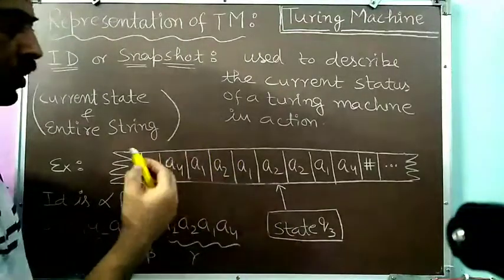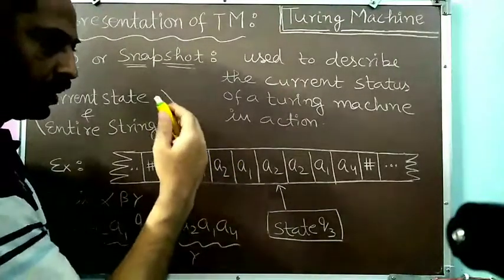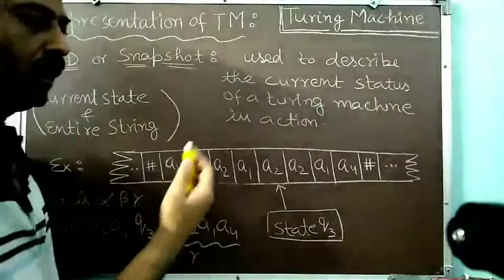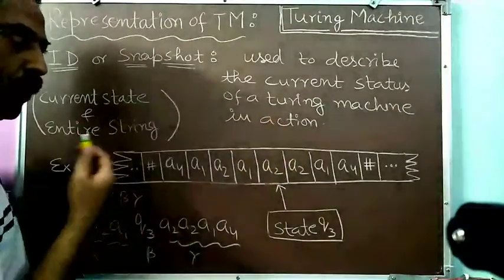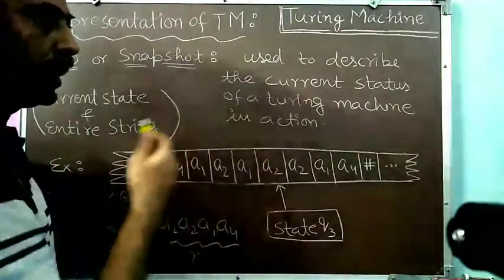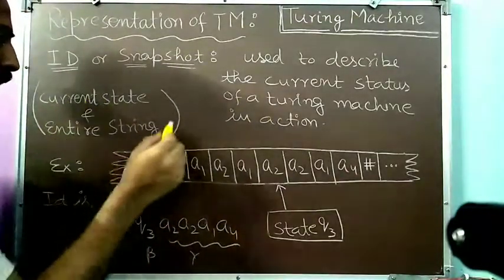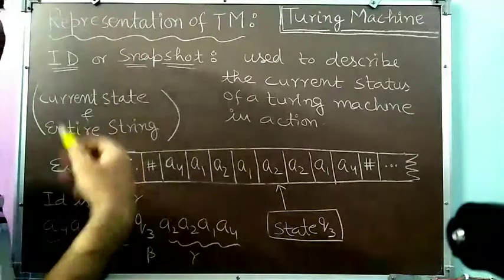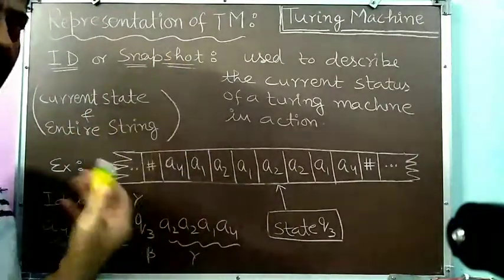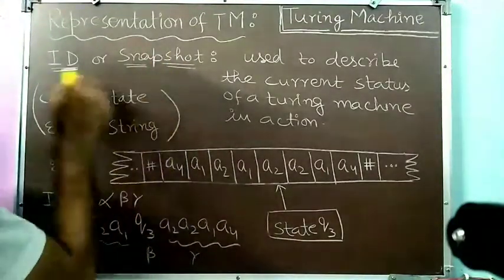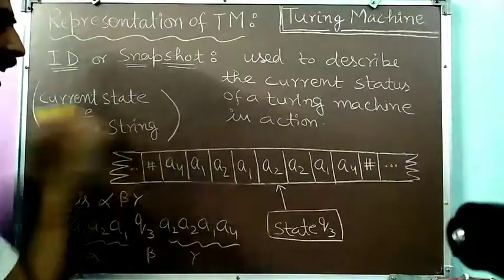Because in Turing machine, our read-write head can move towards the right as well as towards the left. So in both directions, our read-write head can move. That's why we always take the entire string as part of the current status of the machine. So we will take the current state and the entire string.